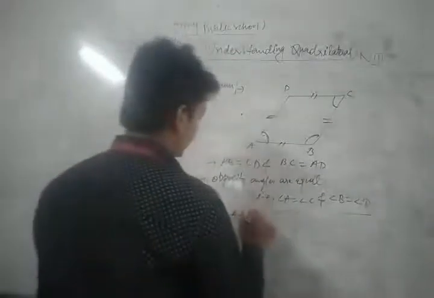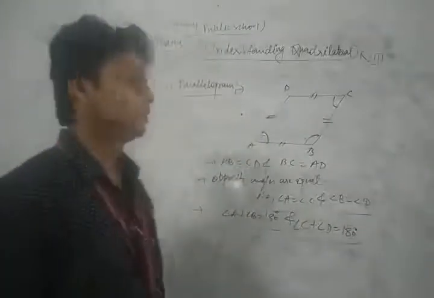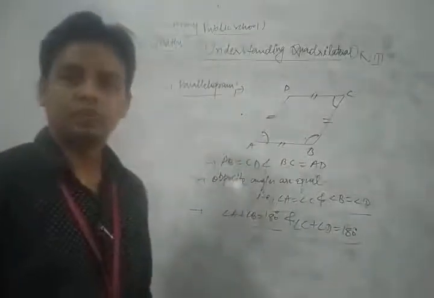Angle A plus angle B is equal to 180 as well as angle C plus angle D is equal to 180. So these are very important concepts related to parallelogram.